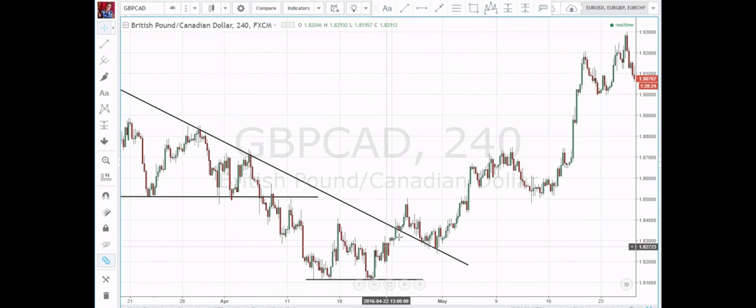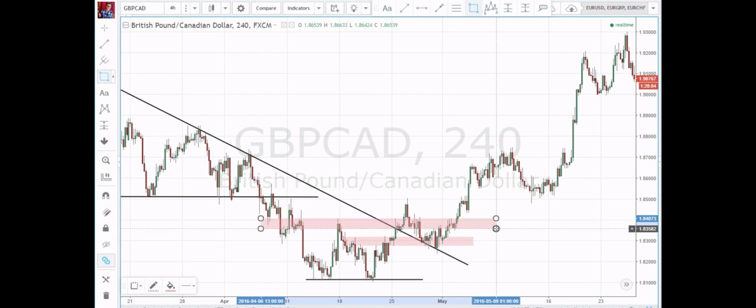And then you can see that here eventually we break above the trend line, we come back into it, we retest it. You can also see here is some type of area, very important, resistance becomes support. Here's another one a little bit higher, which is also important to know about.